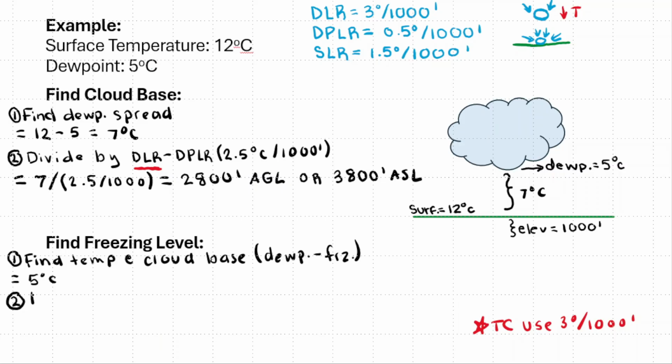So what we do to find the freezing level is divide the 5 degrees by the saturated lapse rate. We'll take our 5 degrees and divide that by 1.5 degrees per 1,000 feet.